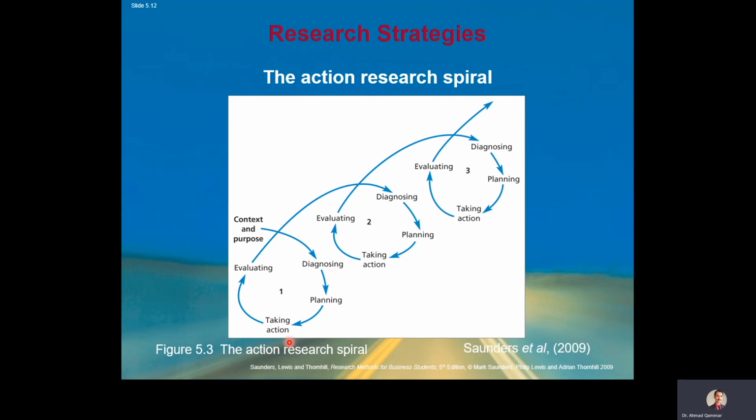What can be an action? You realize that employees are very dissatisfied, and the reason you find out is that they feel the boss is not fair, that the boss is giving favors to some people, right? So you plan an action, take the bosses in confidence, and tell them to behave differently.